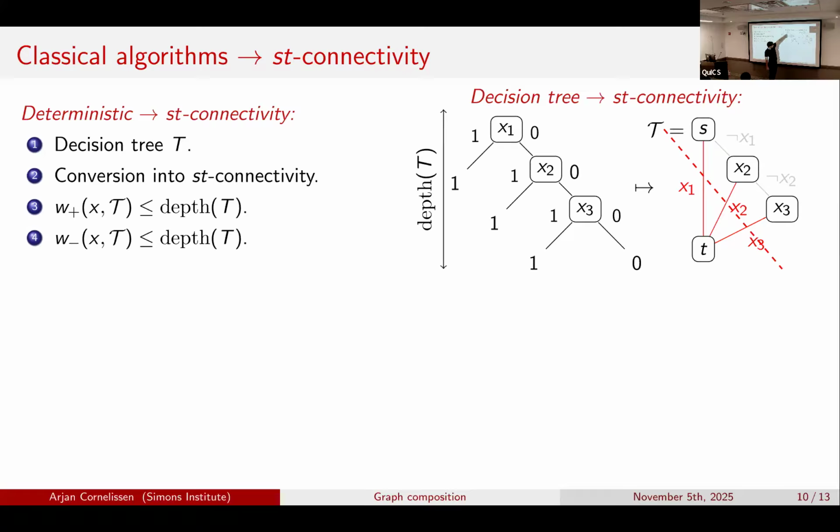And so a cut through this graph would just cut through all the edges that you are not taking at every node. So that's also going to be at most the depth, the number of edges that you need to cut. And so then what you get is that the resulting complexity is indeed upper bounded by the depth of the tree and hence by the deterministic query complexity. Right, so every deterministic algorithm can be turned into an ST-connectivity instance.